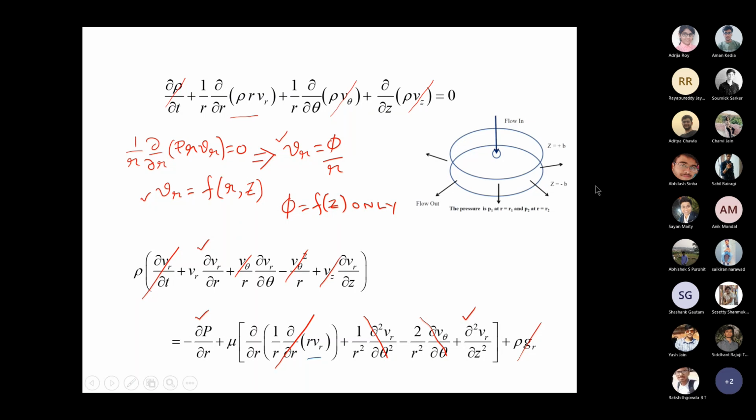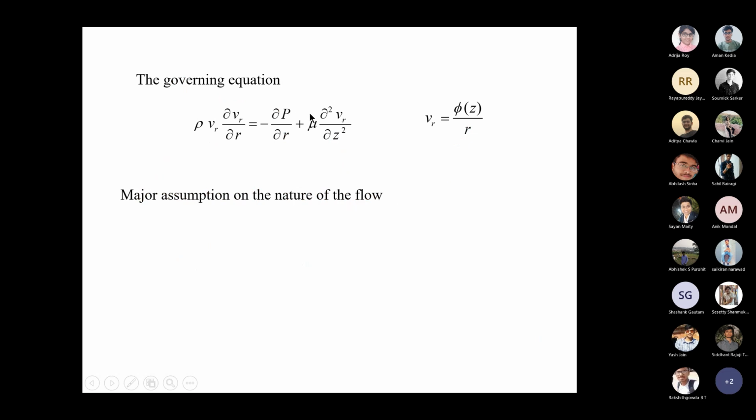VR is becoming smaller with reduction in del P del R, but the viscous transport is still important. When can that happen? Only that will let me keep this term. VR is small.